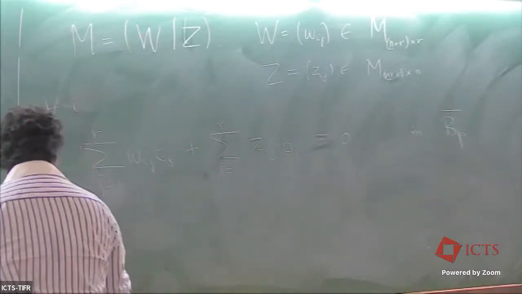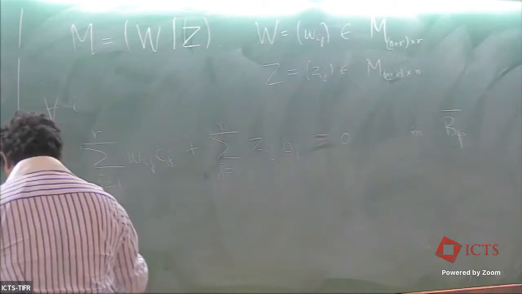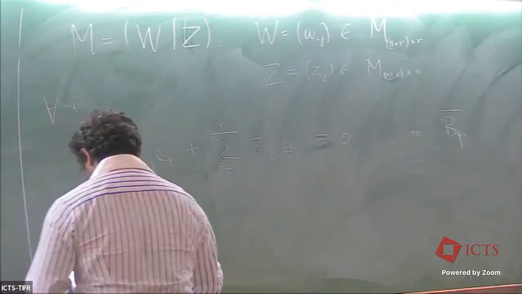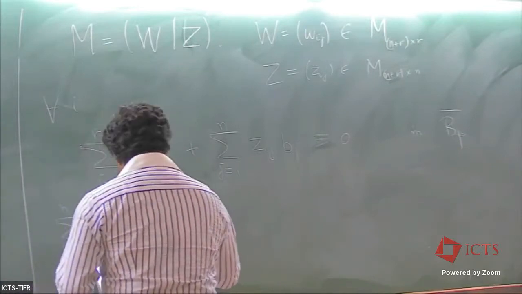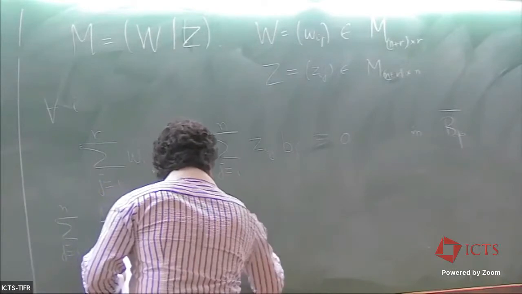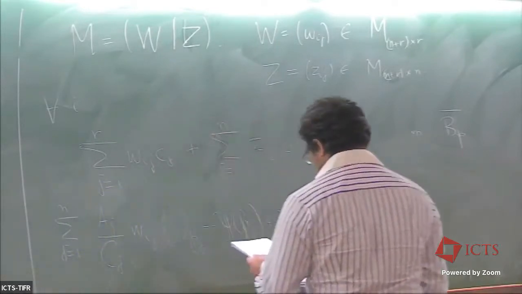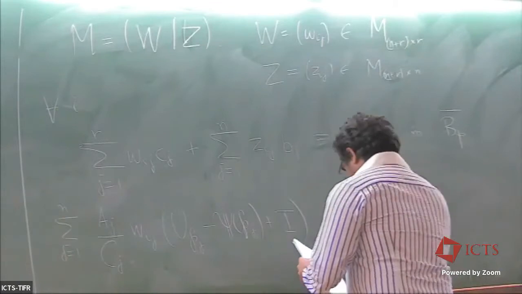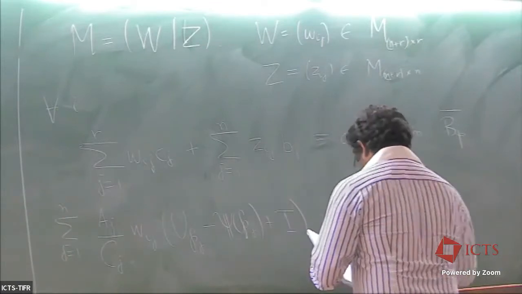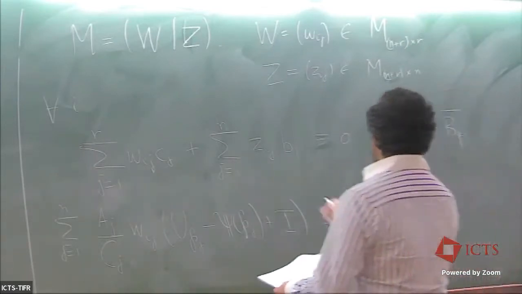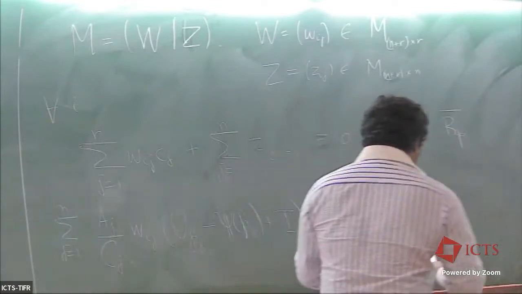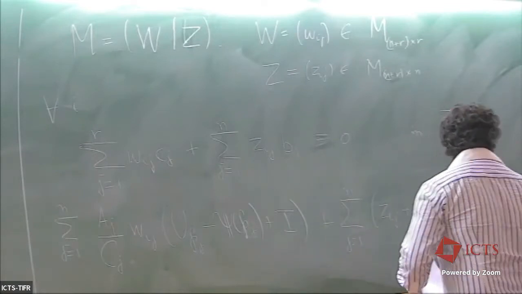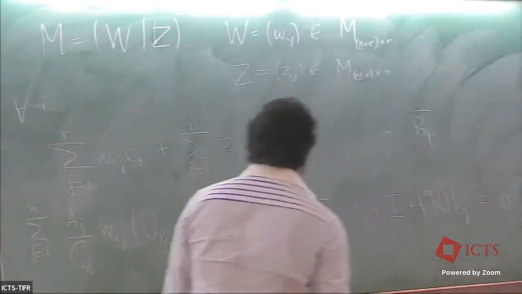This gives me the summation over j from 1 to n of a_j by capital C_j times W_ij times u_{P_j} minus psi of P_j plus something in I that I don't care about, because eventually I'm going to apply the map phi to this, and then the summation over j from 1 to n of Z_ij. Now these Z_ij are something in P to the m r, and then b_j is 0 again in B_P bar.